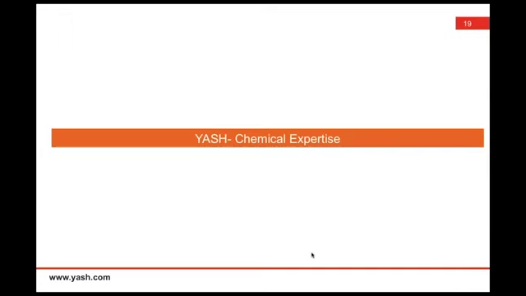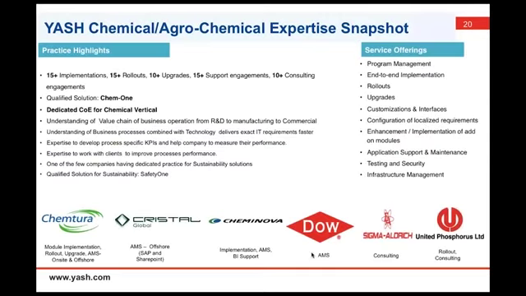That gives you a snapshot of life science. From a chemical perspective, predominantly in chemical and agrochemical industries, we have done about 15 end-to-end implementations, rollouts, upgrades, and other things. Like the pharmaceutical industry, with our global experience and with the help of SAP's best practices in chemical industries, we have pre-configured a solution in SAP ECC, which we call Chem1, which is certified by SAP, and also a Chem1 solution on HANA.